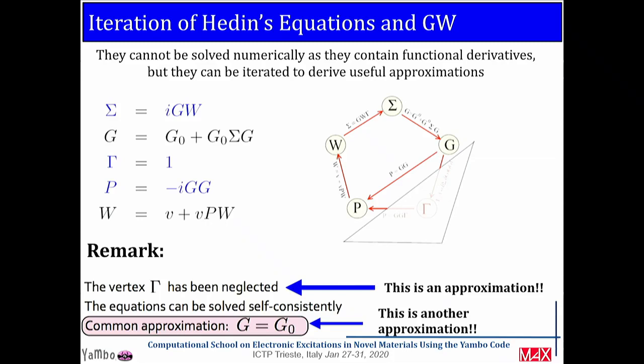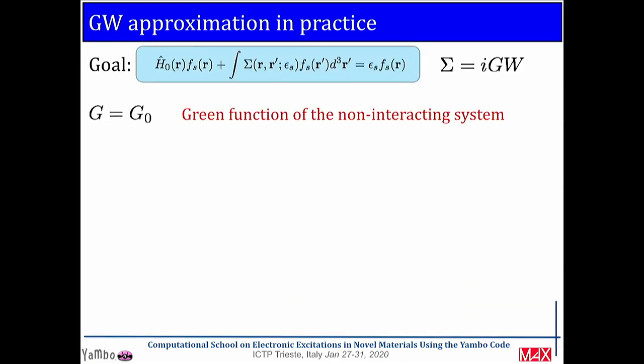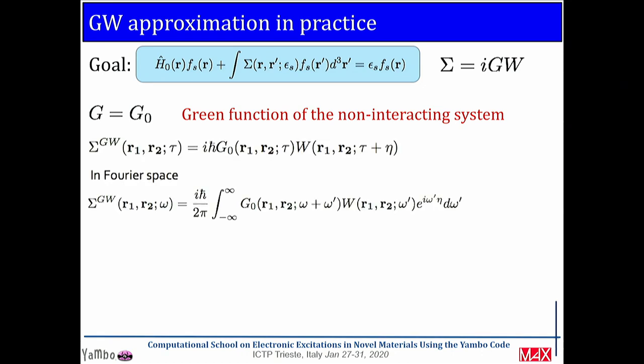And here is another important approximation that is usually done, not always. Here, as the Green function of our system, we consider the non-interacting Green function, G naught. Okay, so G is the Green function of the non-interacting system. This is the expression of our self-energy.